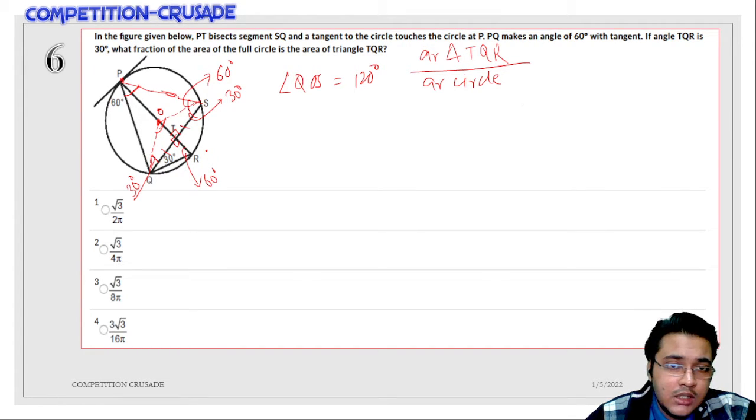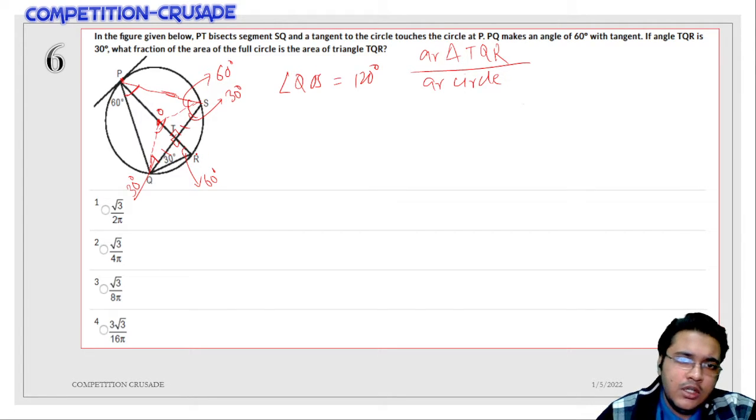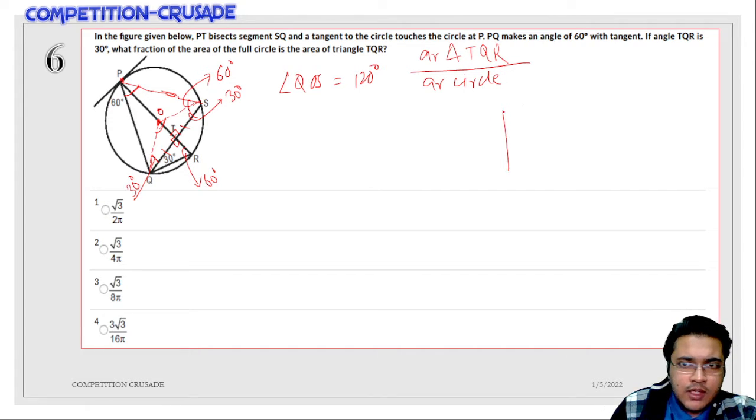Now, can this be that simple? So let's say I am drawing this triangle TQR.